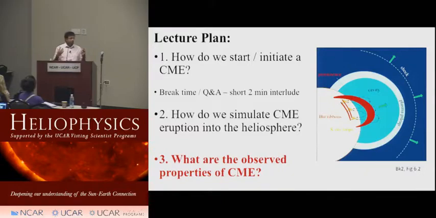So now we have a rough idea of the initiation problem, looking at simulations into the heliosphere, and we've got lots of models for how CMEs can initiate. We've got a few different models of how they try to replicate what they see in observations. What I want to move on to is the actual observations that we have, what kind of properties they have, and what we can actually measure.